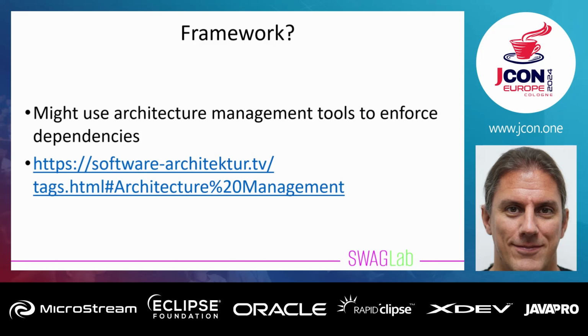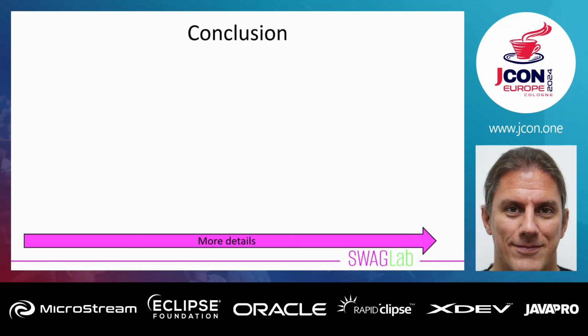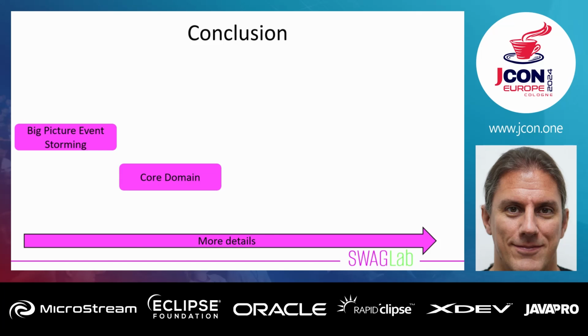In conclusion, I've spoken about quite a few different techniques. I started with big picture event storming. That's like the big brush, right? Like the whole big picture that you're painting there. And then I spoke about core domain, about the focus that you want to put, and probably something like strategic design, which you probably don't want to do.